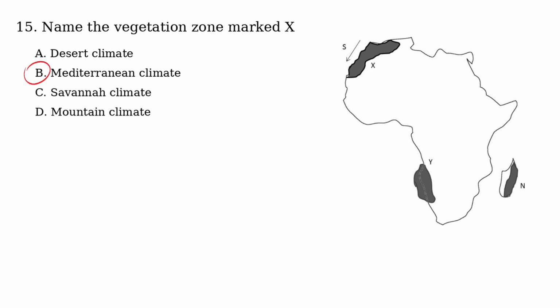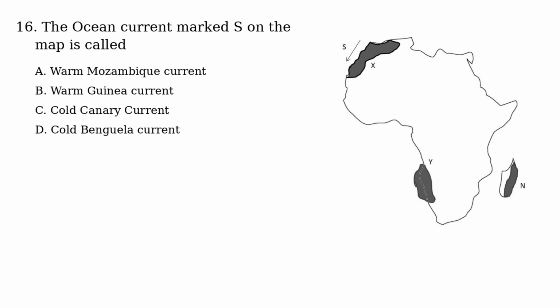And the other options, desert climate is further inland, savanna occurs further south, mountain climate is limited to highlands, and this is something that you should always use to remember, that Mediterranean climate occurs around the Mediterranean coast, like in this option.